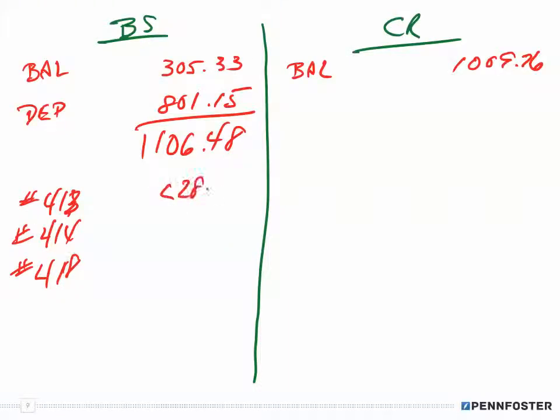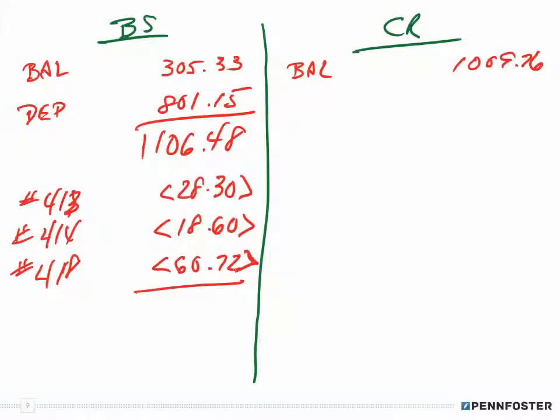So we subtract from the $1,106.48: minus $28.30, minus $18.60, minus $60.72, and we end up with $998.86 as our final balance on our bank statement side.